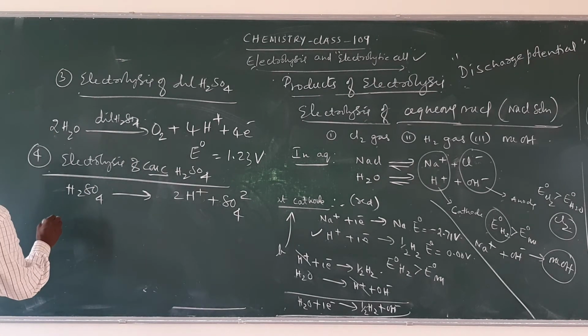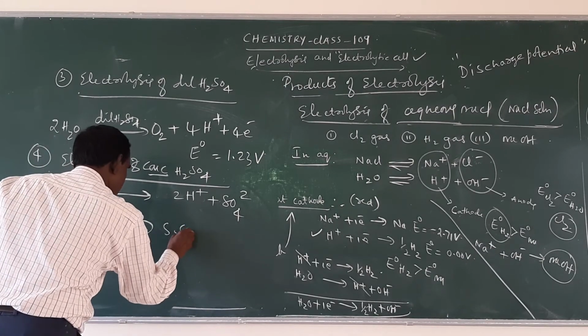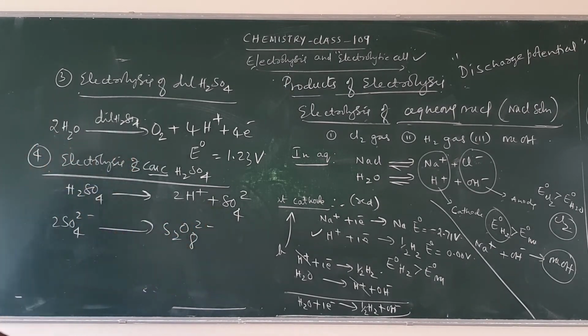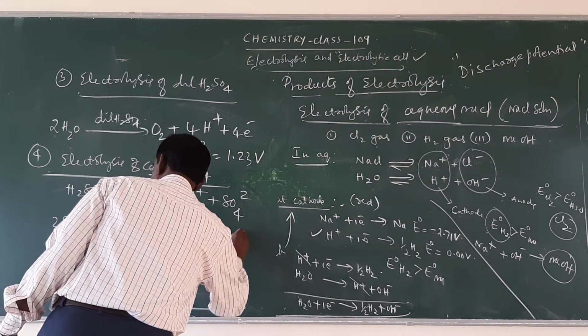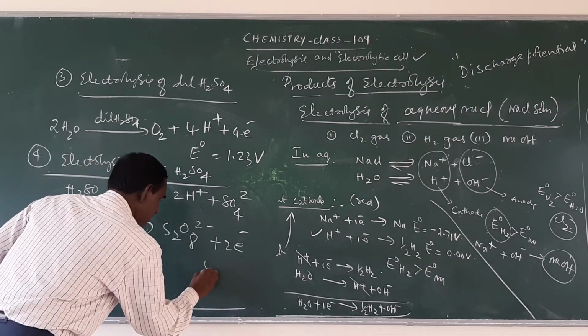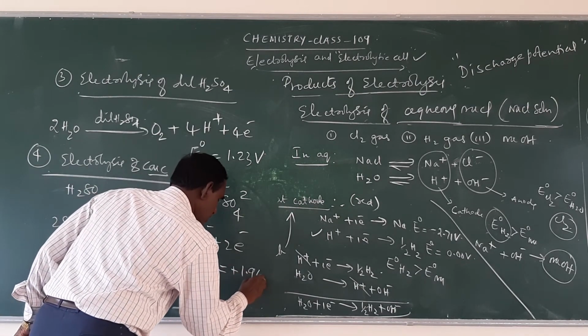And this sulfate ion, 2SO4 2-, gives you S2O8 2- plus 2 electrons. E naught for this is plus 1.96 volts.